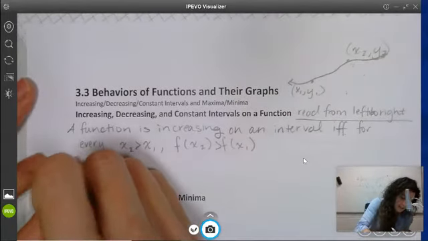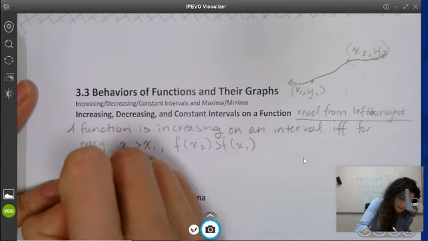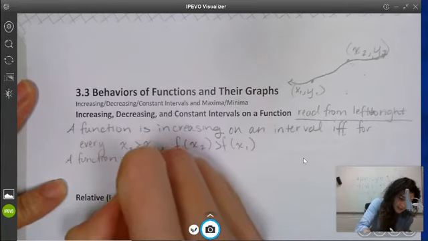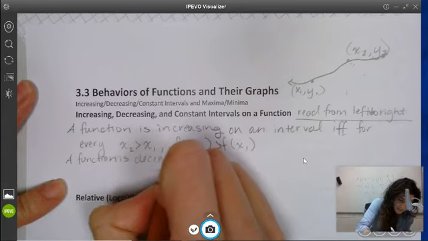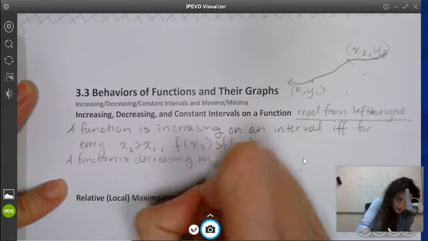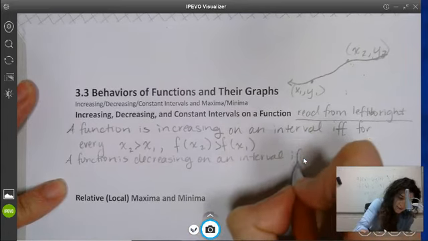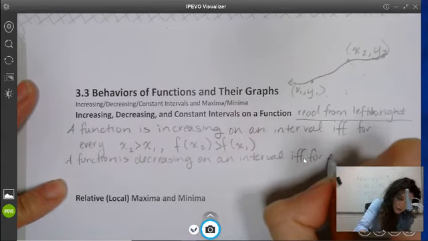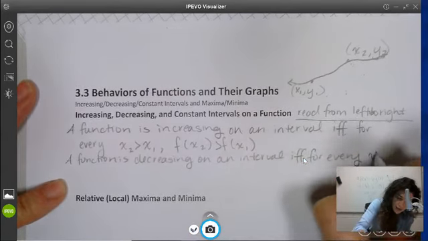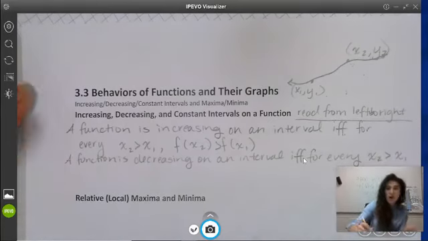Versus a function that is decreasing on an interval if and only if for every x2 greater than x1.